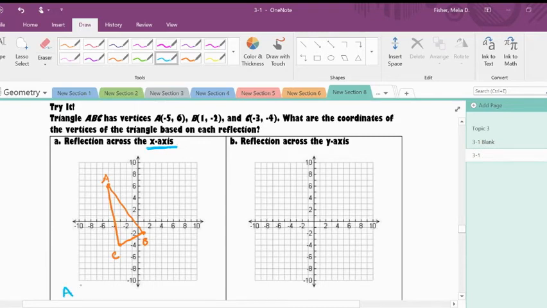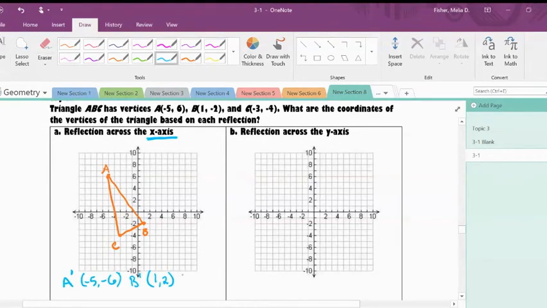So A prime will be at -5, -6, B prime will be at 1, +2, and C prime will be at -3, +4. So -5, -6 is A prime. B prime is at 1, 2, and C prime is at -3, +4.